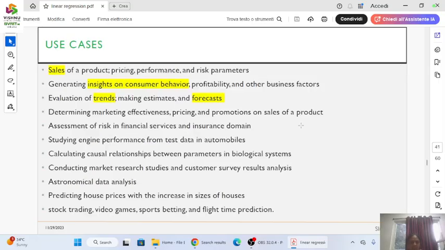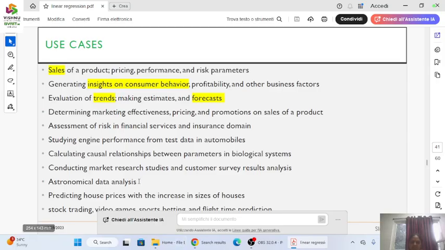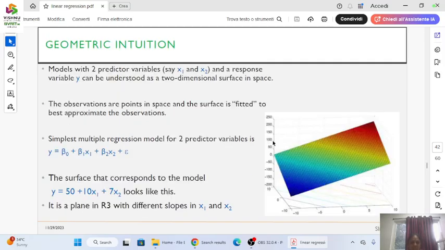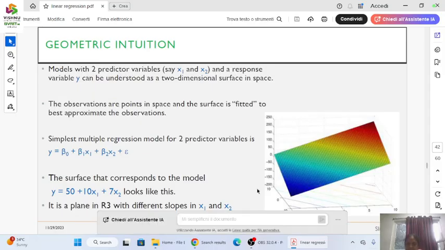Okay. And use cases also. Previously we know there are many here. See, astronomical data analysis also we can predict by fitting the data. Studying engine performance from test data in the automobile industry. And the graph will be like this.